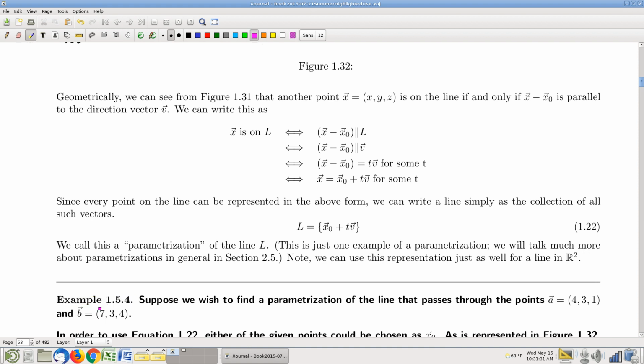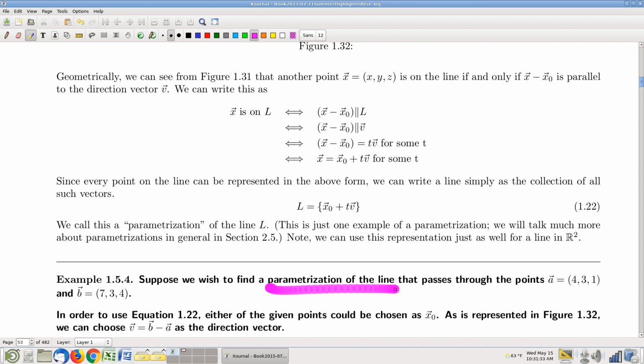Okay, so suppose I want to parameterize a line. What I'm given is that the line passes through these two points. Notice we have not been given exactly what we need. In order to make a parameterization, I need one point on the line, and I need a vector parallel to the line.